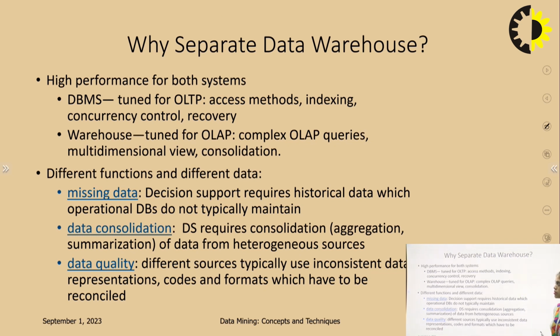The DBMS is tuned for OLTP: access methods, indexing, concurrency control, recovery. The warehouse is tuned for OLAP: complex OLAP queries, multidimensional view, consolidation, etc. Different functions and different data are there: missing data, data consolidation, and data quality.